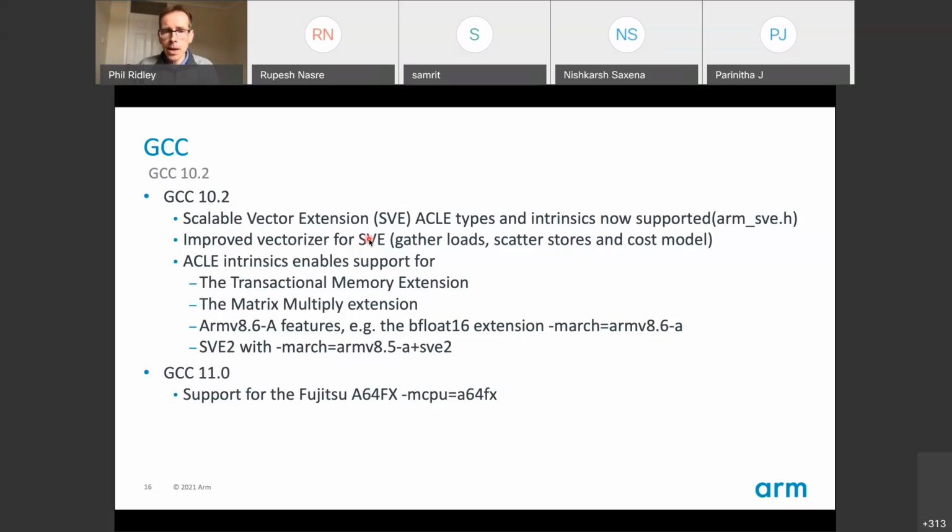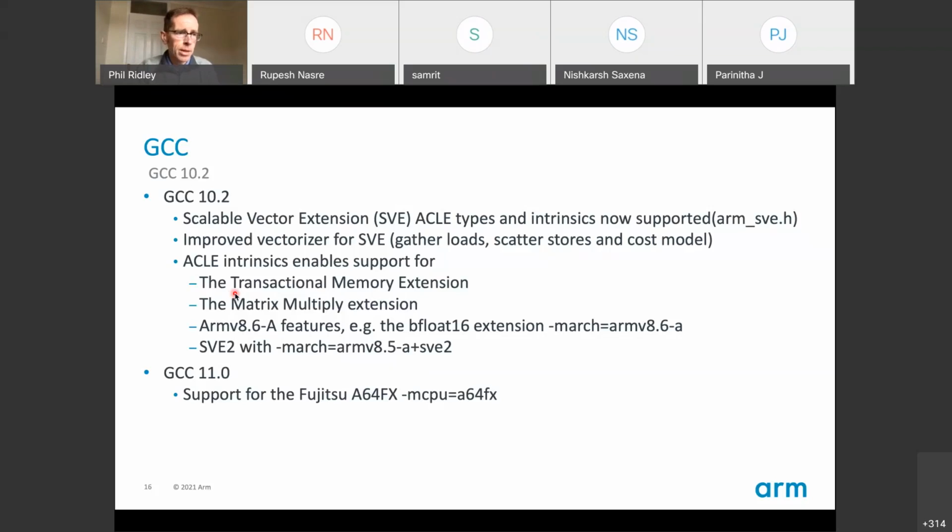And as I mentioned, with the ARM C language extension intrinsics, you have support there for recent ARM instruction set architecture additions, notably the transactional memory extension. What this does is it improves the thread level parallelism of your code.